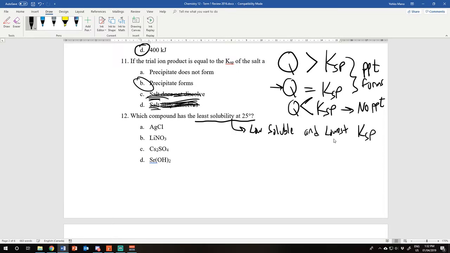Lowest KSP. And I think I tricked a few of you because, depending on the variant of the test that you had, a few of you were looking at strictly KSP values and you completely neglected the alkali metals that were present. I think the variation on some of the tests before spring break was which compound had the highest solubility, and there were a bunch of low solubility compounds, and immediately some students went to look for the KSP value that was the smallest, so they just used that.